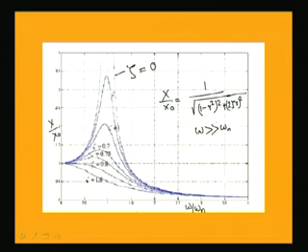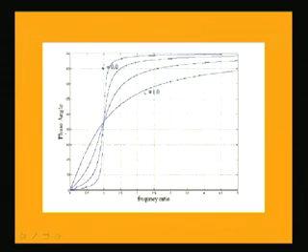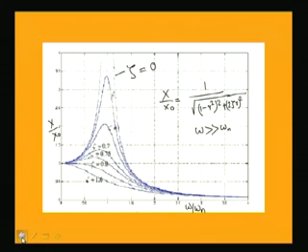That means when the system is operating at a frequency away from the natural frequency, the response amplitude is very small, and it is less than the static amplitude x0 of the system.